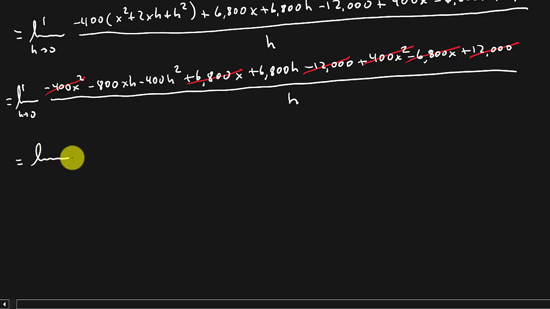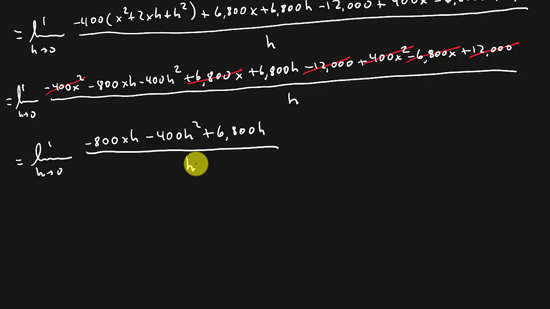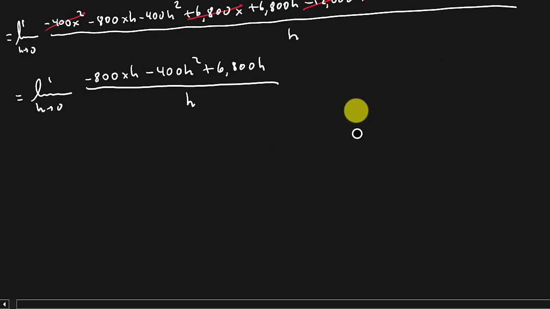So we're left with the limit as h goes to 0 of negative 800xh minus 400h squared plus 6,800h. All that over h. So after we fold everything out, distribute, and cancel out terms, it's not so bad anymore.